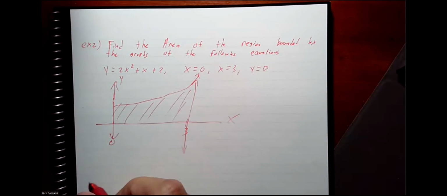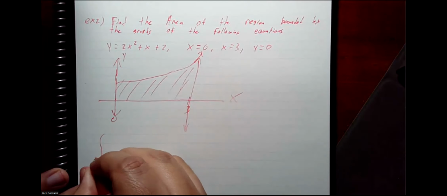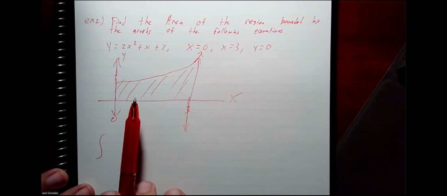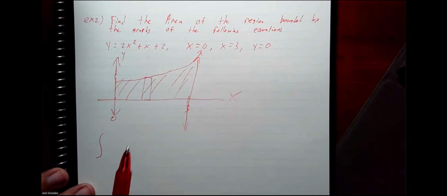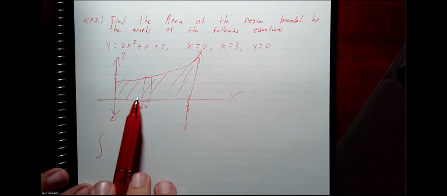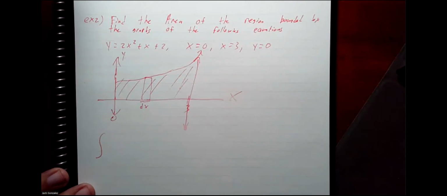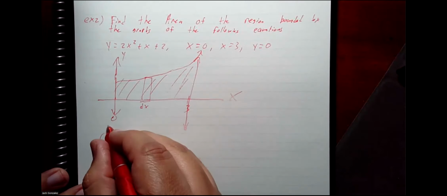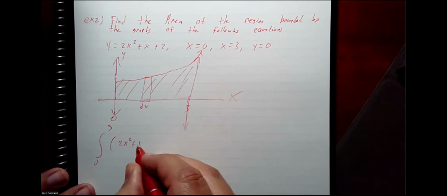So when you create your integral, since we're doing dx, you're going to be going this way. So picture little rectangles with thickness dx going from left to right. So from 0 to 3, 2x squared plus x plus 2.